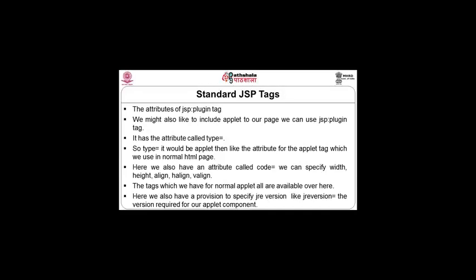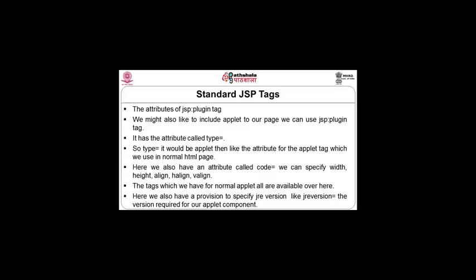Another important one which is available here but is not available for an applet tag is that we can specify the JRE version, equal to the version requirement of our component. Our component here is the applet component, fine.